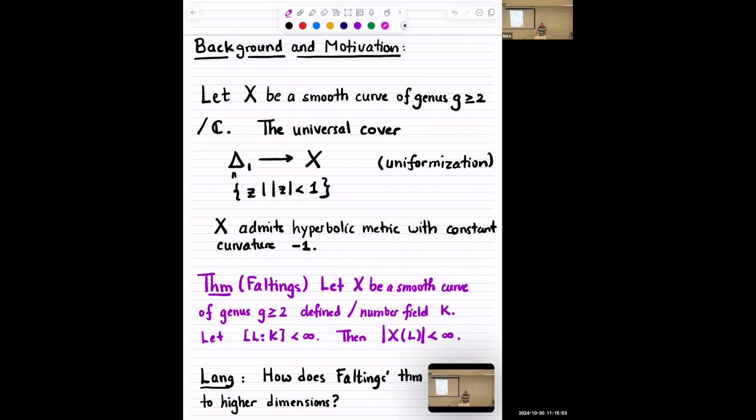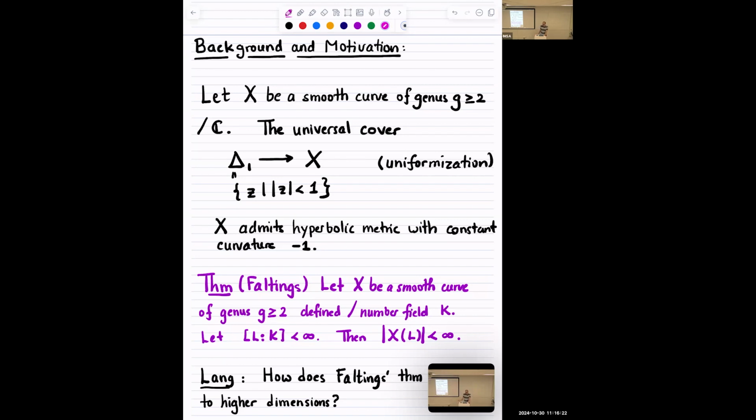If we look at the case of curves, if X is a smooth curve of genus at least 2 over the complex numbers, then by uniformization the universal cover is the unit disk. In particular, such a curve admits a hyperbolic metric with constant curvature equal to -1.